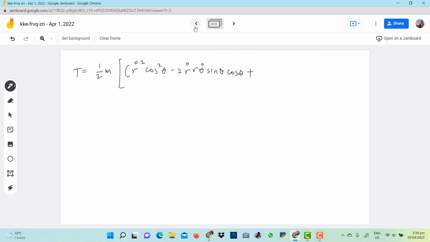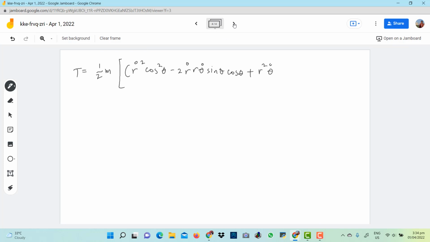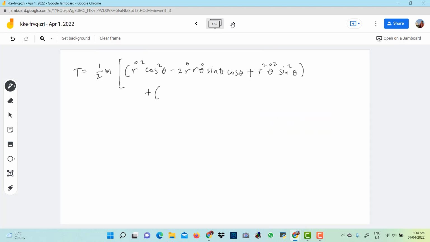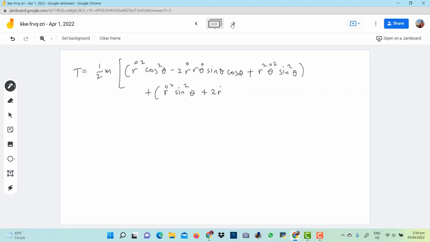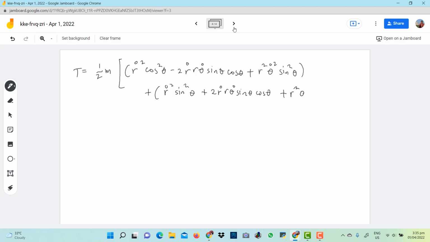Plus r squared theta dot squared sine squared of theta, plus the other one, we have r dot squared sine squared theta. Then the next is plus 2 r dot r theta dot sine theta cosine of theta, plus the other one is r squared theta dot squared cosine squared of theta.